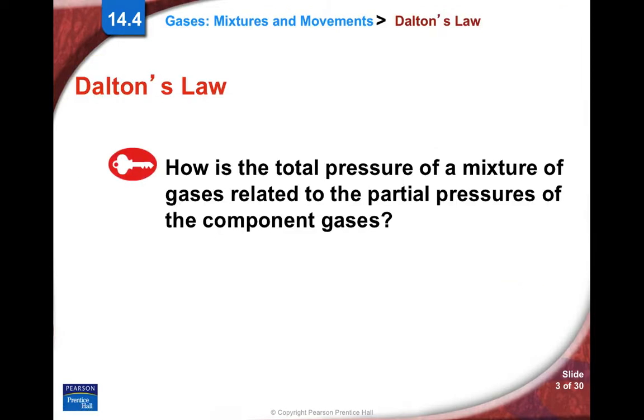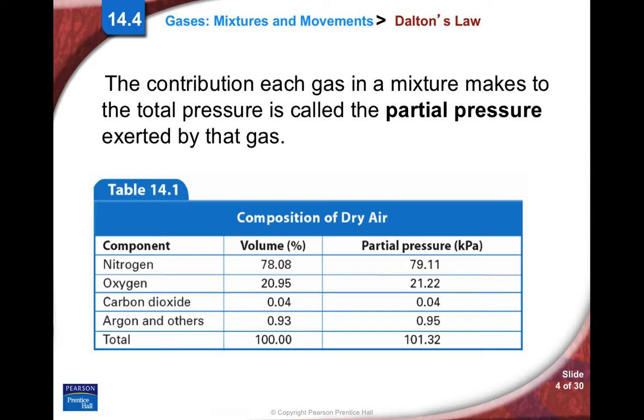So John Dalton, remember him way back when, the English school teacher in Manchester, England. He worked out some ideas about gases and how they mixed, which led him to the idea that matter was made of little particles, which we call atoms. So he has a law called Dalton's law of partial pressures.